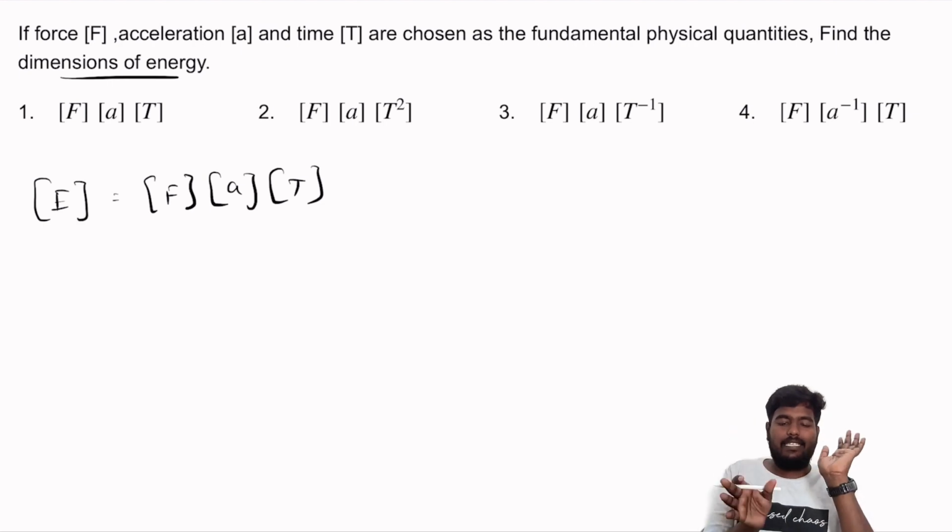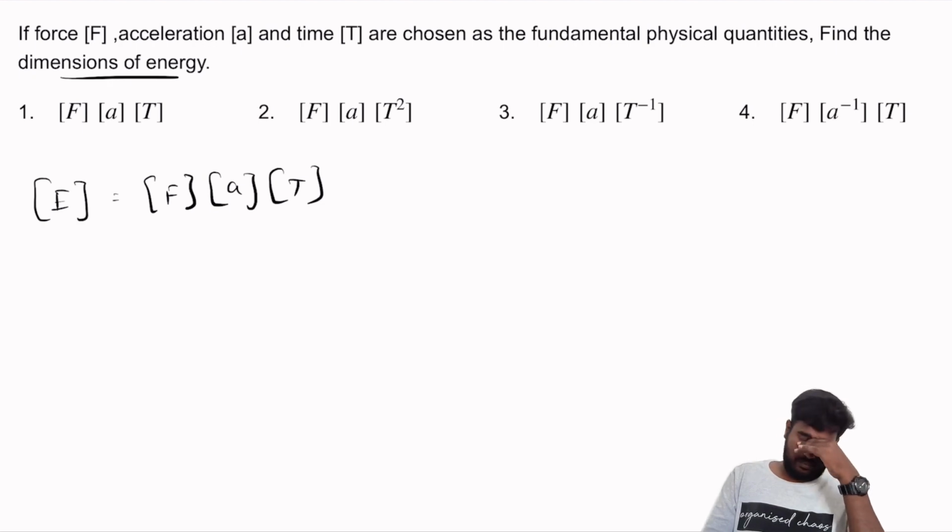If you can find any formula that involves all these quantities, you can directly do it. In this case also, I'm sure we can find one if you think for a few minutes, but it is not very easy to do for all the quantities.